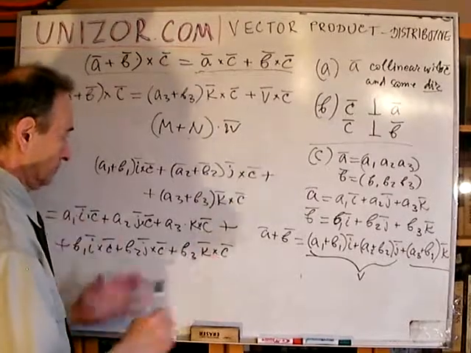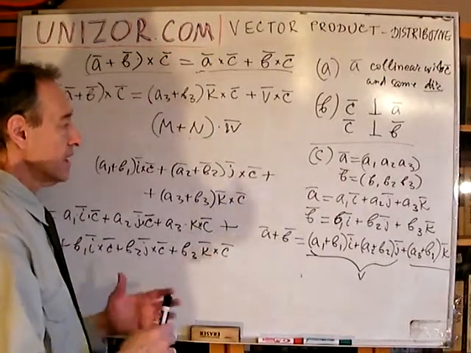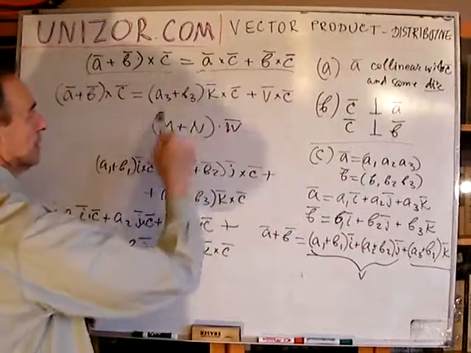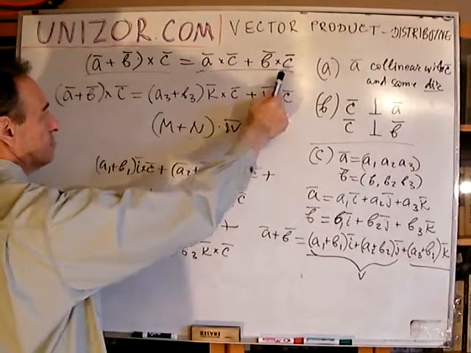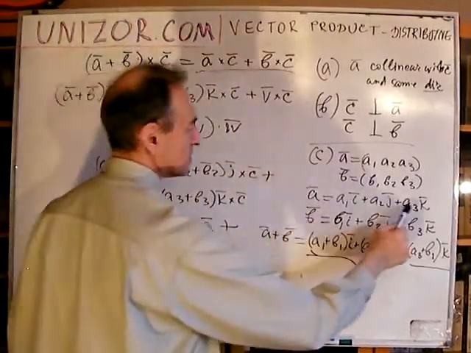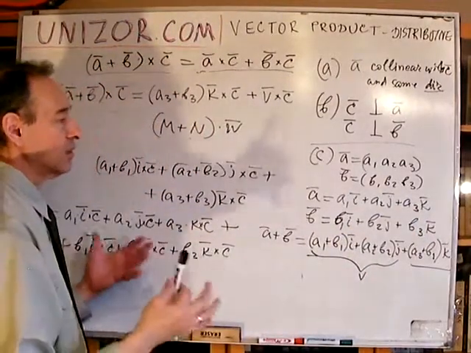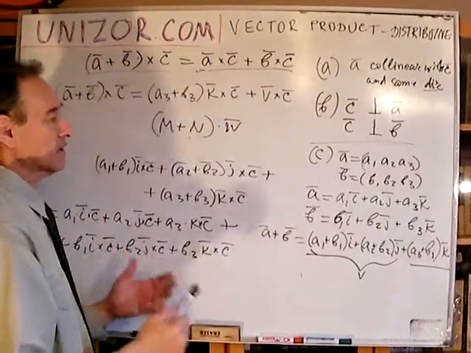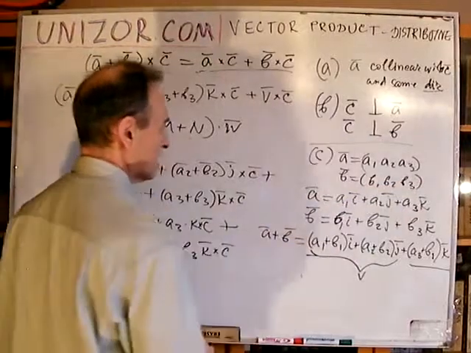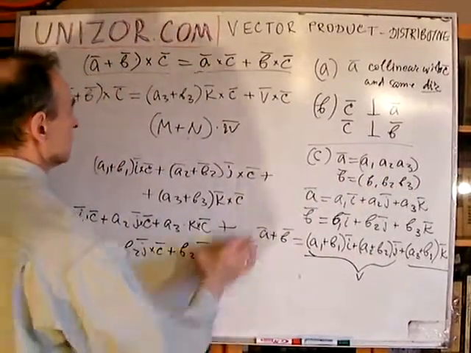Now, what if I multiply A by C and B by C separately? Now, A has this form. If you follow the logic, it would be exactly the same thing. First, I will separate the A3K component.